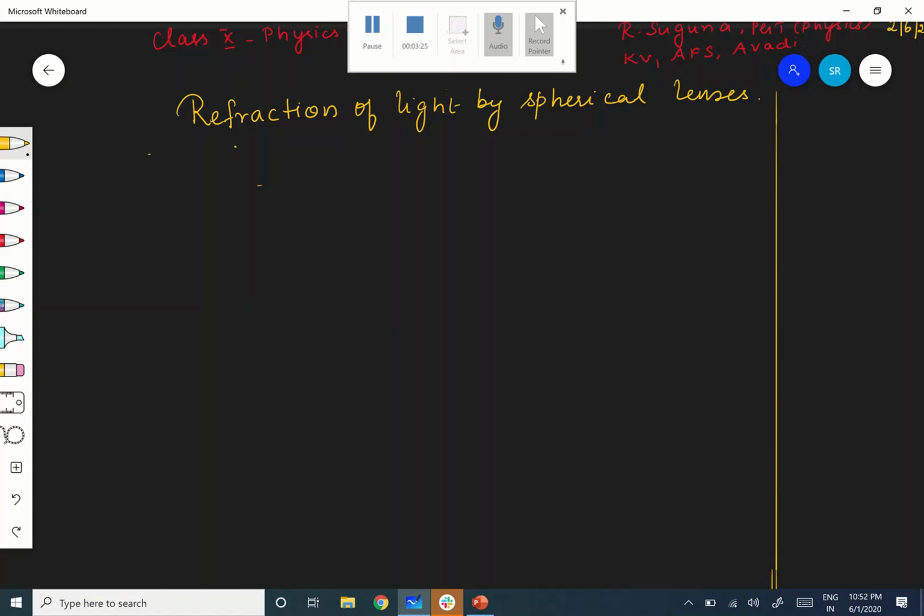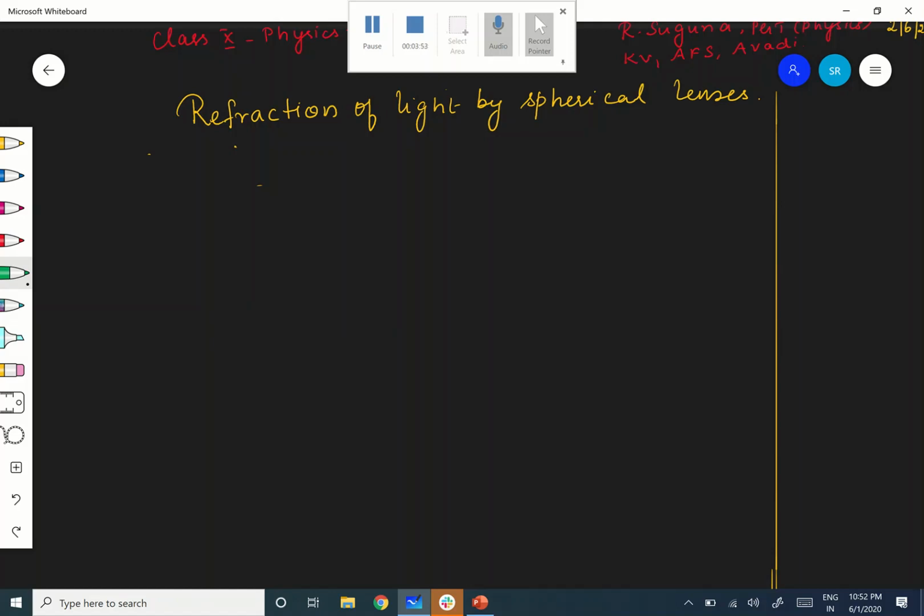A lens is nothing but a transparent medium which is bounded by two surfaces. And what is the shape of the surface?